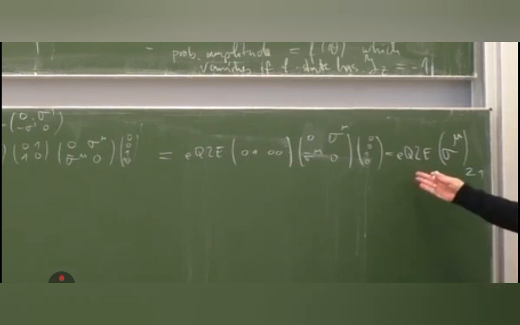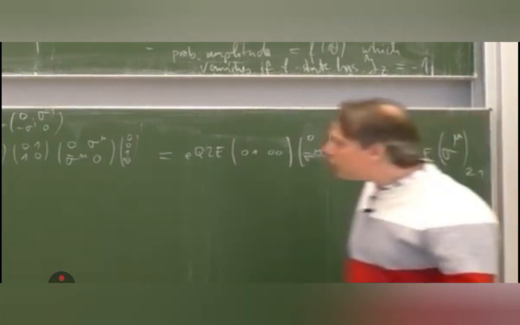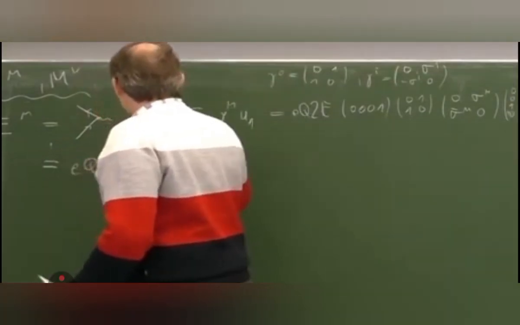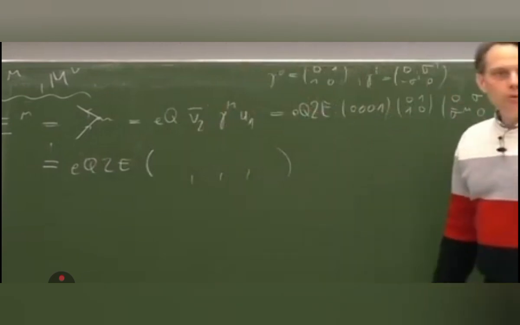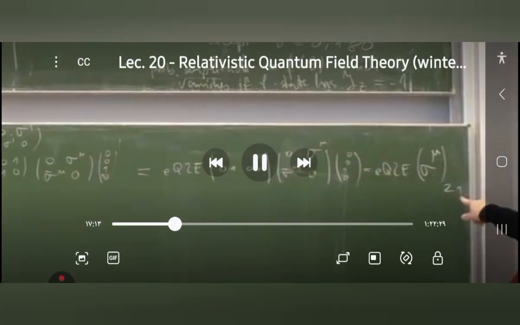And that is now a Lorentz vector with a Lorentz index mu. For every mu we have the result. What is our result? We can write it down explicitly: EQ times 2E, and now here comes a 4 vector with 4 components. They are the 2, 1 components of the respective Pauli matrix.